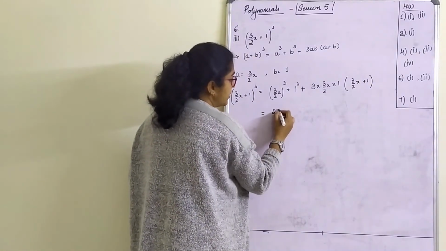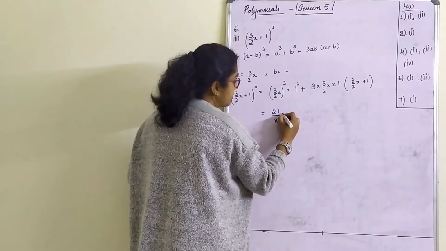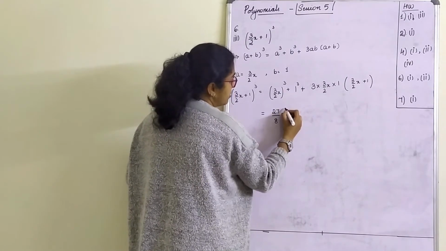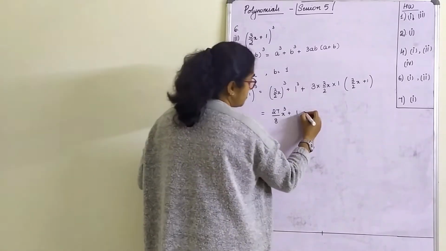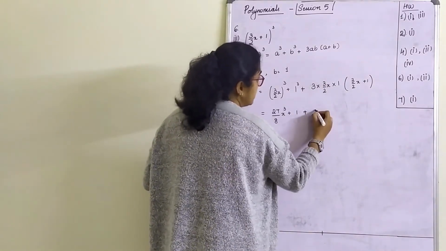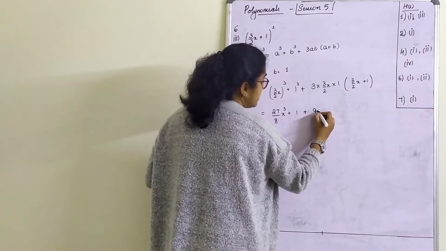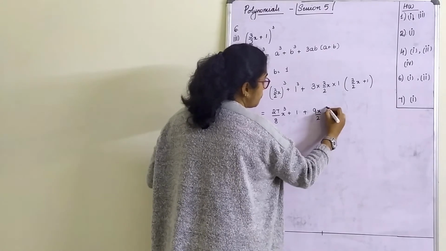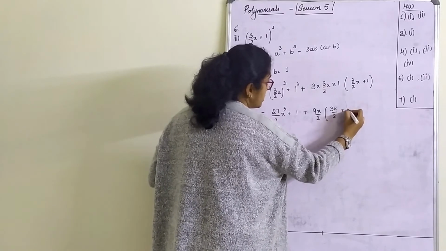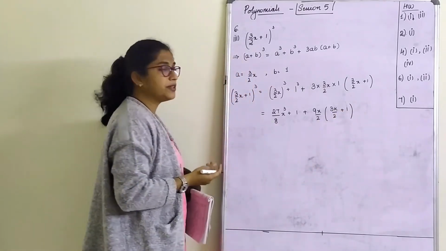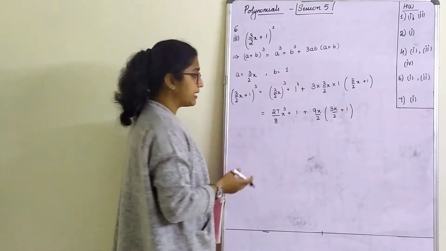3 cube 27. 2 cube 8. So 27 by 8 x cube plus 1 cube is 1 plus 3 3s are 9x by 2, 3x by 2 plus 1. Do not take LCM and all here because they are not like terms. We can't add them again later.